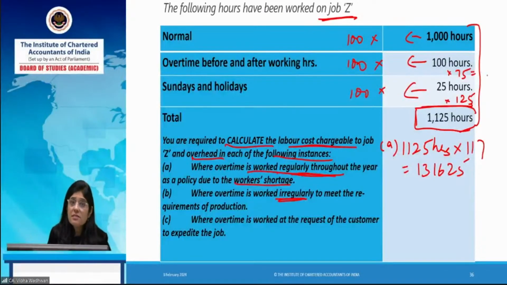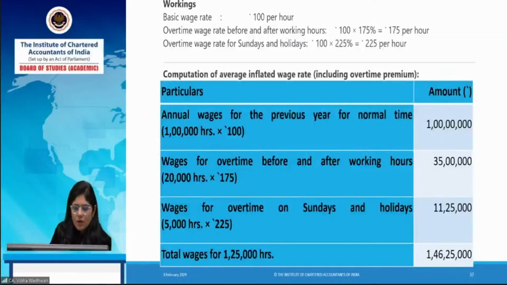Is it clear? This you need to understand. The normal basic wage rate तो direct cost ही है. Overtime का जो part है, overtime premium जो आप extra दे रहे हो, that is overhead. All right. Okay, so we have this solution also. You will understand it better. So this is the total amount which we have calculated.